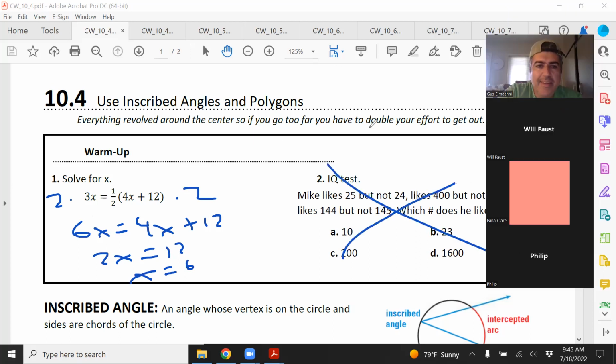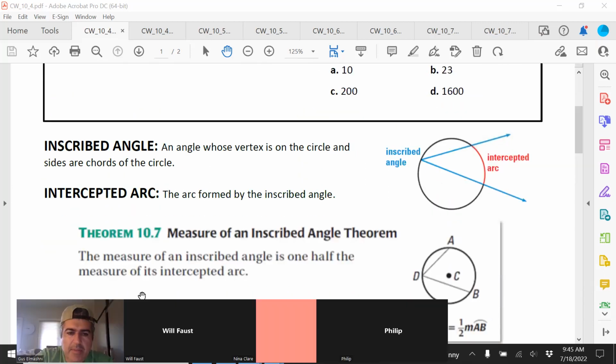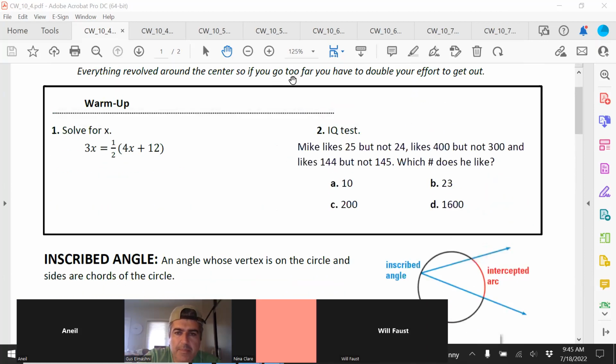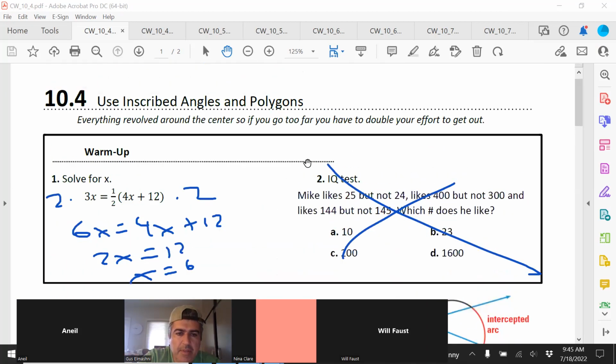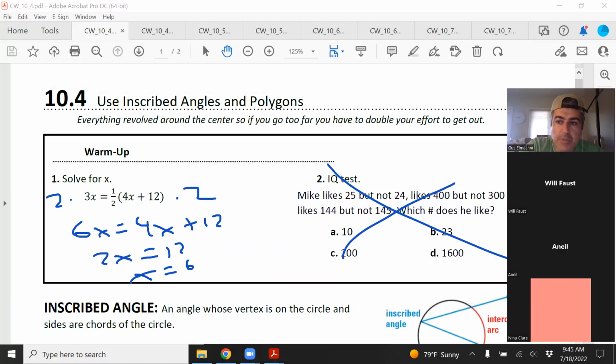All right. Okay. So let's talk about the concept here. This is a concept that some people tend to forget. It's not reinforced terribly much. Neil, go ahead. Question. Could you go back, please? No problem. That's the second way I did it, where I multiplied both sides by 2 to get rid of the fraction.